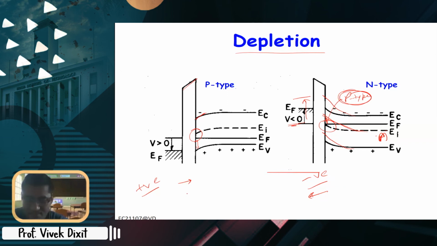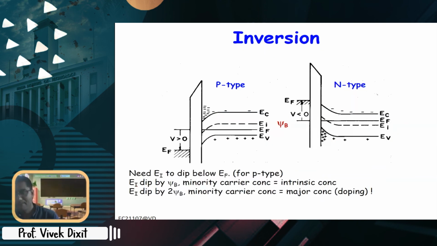Similarly, in P type, due to this high positive bias, this intrinsic level goes even further down. So instead of holes here, you have electrons here. So these electrons are created here. Now this phenomenon is called inversion. So when you apply a very high voltage beyond depletion, you can get inversion.